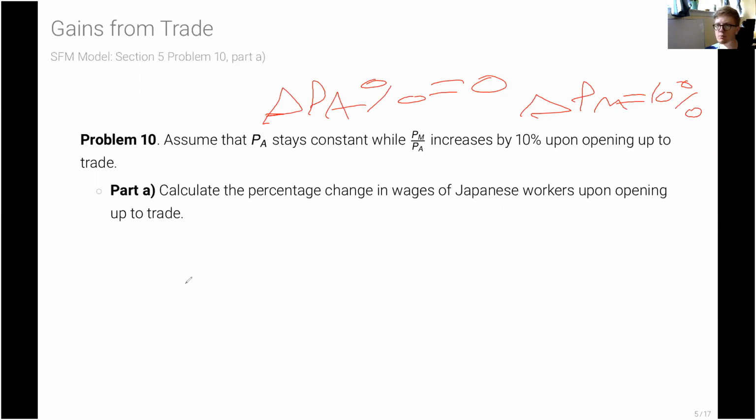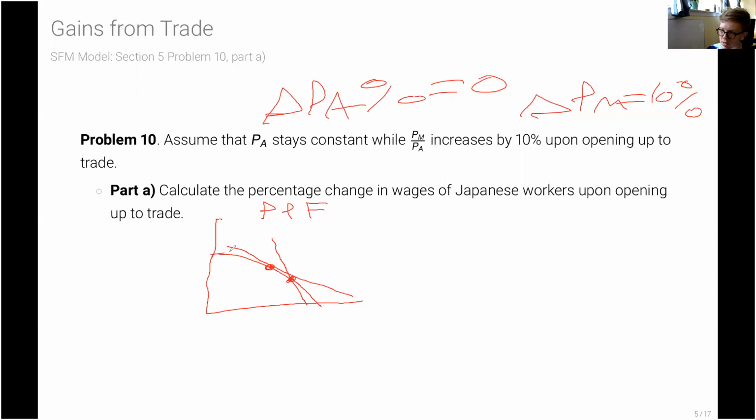And so there are two ways we can do this. Note that in the specific factors model, unlike in the Ricardian model, it's going to be fairly rare that we're fully specialized in one good. The reason you can see that is that in the specific factors model, our PPF is curved, and so for any given price ratio, the point at which the slope of the PPF is equal to the relative price is much more likely to be an interior point.